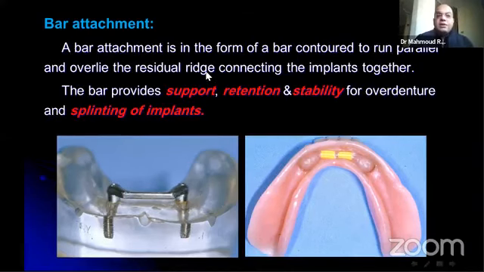A bar attachment is in the form of a bar contoured to run parallel and overlie the residual ridge, and it must also follow the shape of the ridge, connecting the implants together. This bar gives us support, retention, and stability for the overdenture and also splints the implants. This will make a good distribution of the masticatory force over all implants in the arch.